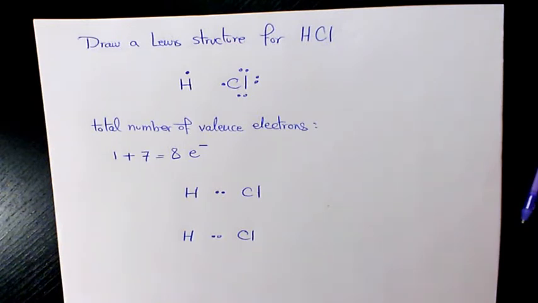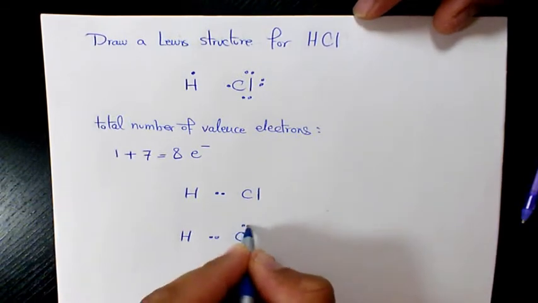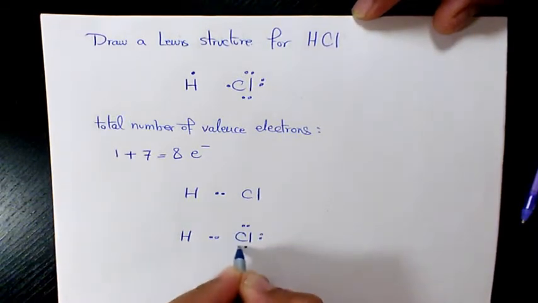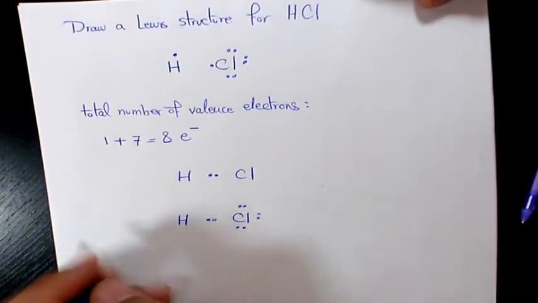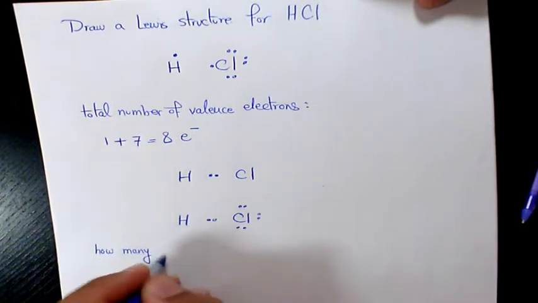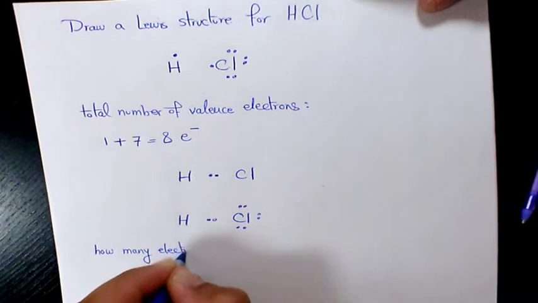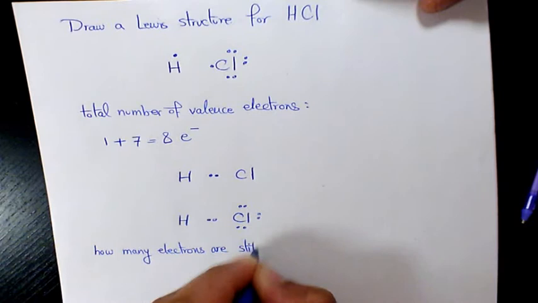So here, because we are dealing with 2 atoms only, there is not really a central or surrounding element, but we need to put the lone pairs of electrons for chlorine. So that's going to be 1, 2, 1, 2, 1, 2. Then we're going to find out how many electrons are still available.